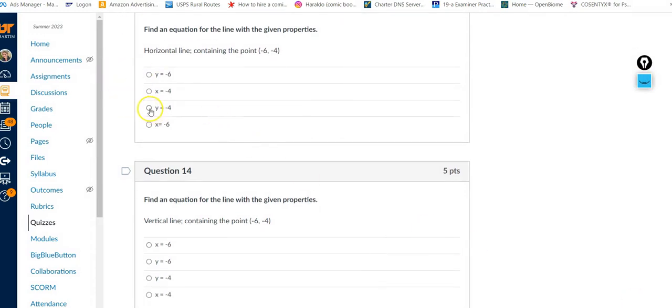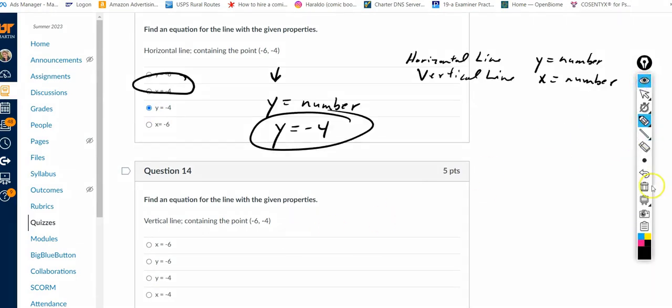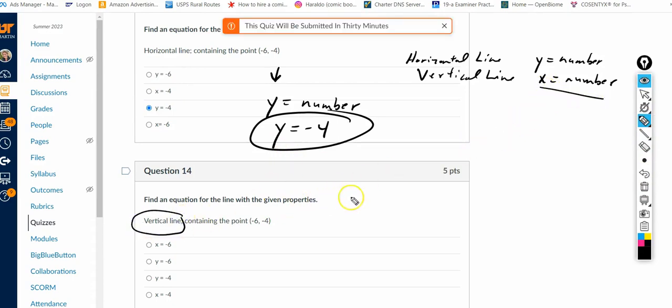Okay, so that's going to be this one. All right, now with this next part, we're on a vertical line. So a vertical line has as its equation x equals a number. You must know that.